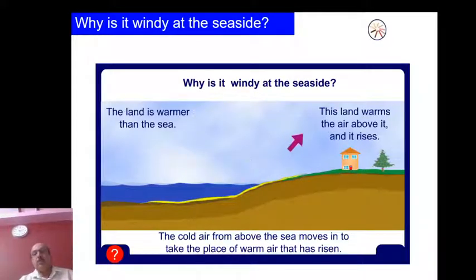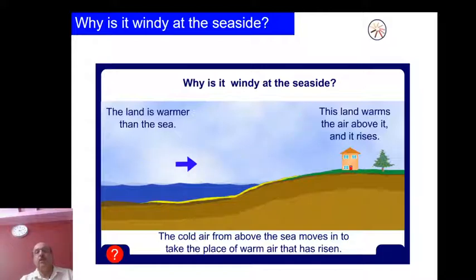Similarly, an example here: why is it windy at the seaside? The land is warmer than the sea. So the land warms the air above it and the air rises up.